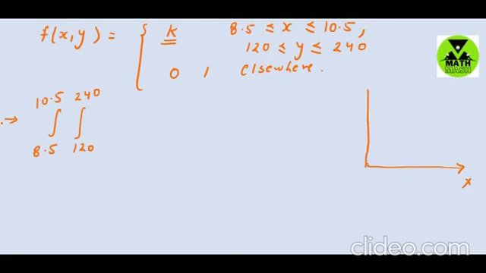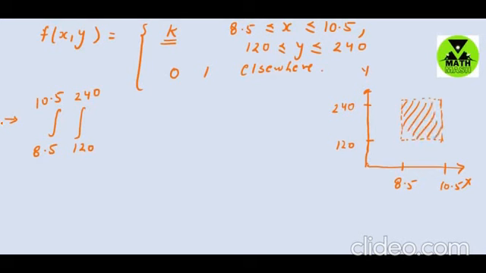This is 8.5, this point is 10.5, this is 120, and this is 240. So x takes values within 8.5 to 10.5, and y takes values 120 to 240. Within this domain, we have to integrate the function f of x comma y.